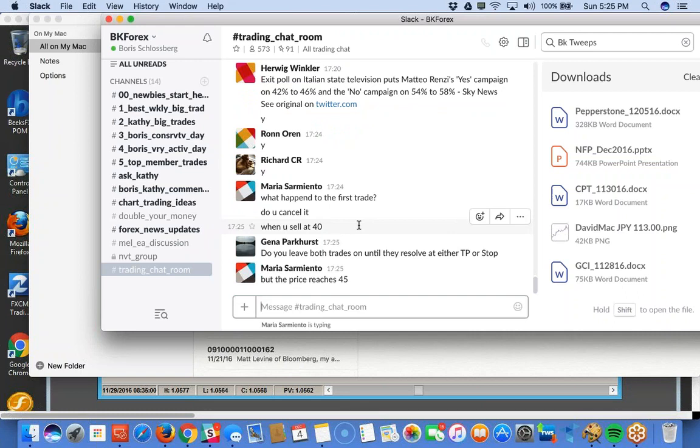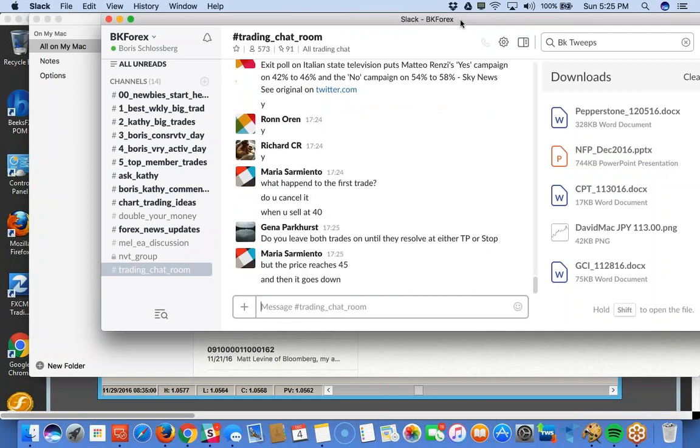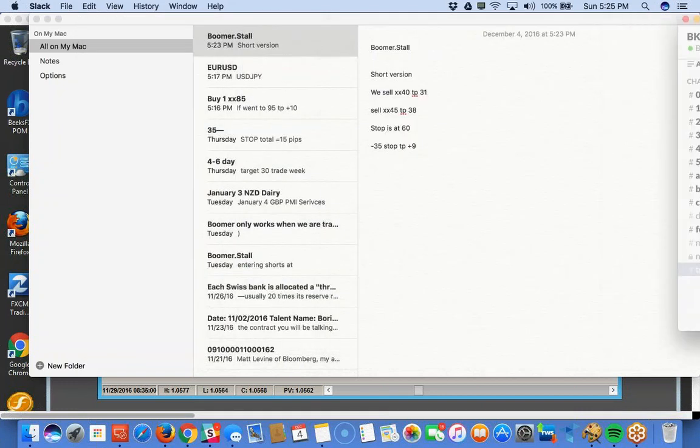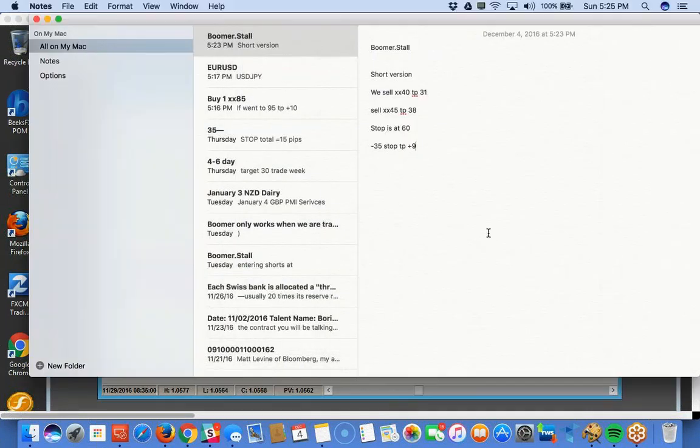Okay, so I think I understand the confusion. Let me clarify this very, very clearly. First we sell the 40, right? If price goes to 31, everything else gets canceled. The 45 offer is canceled automatically by our EA, right? Our strategy automatically cancels it.